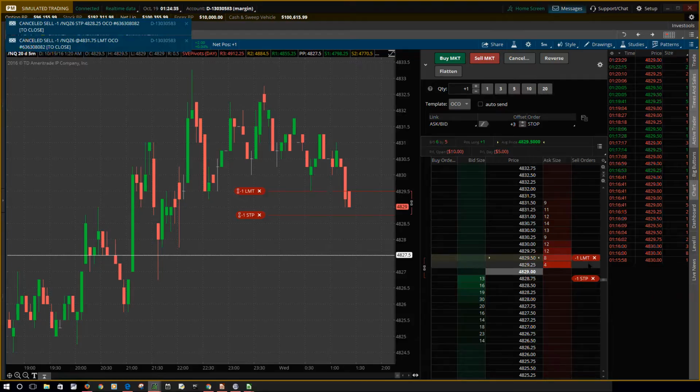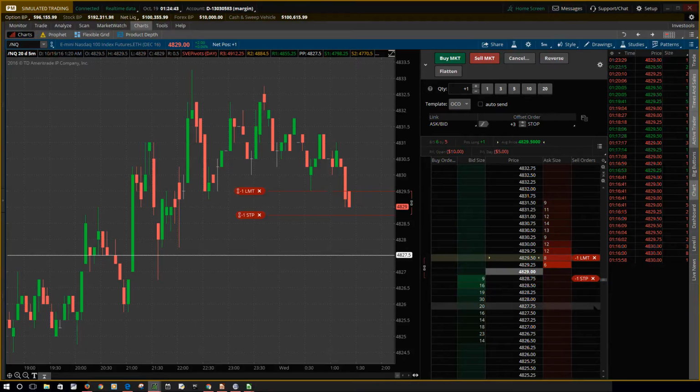That's the thing that I love about this platform. It gives you a nice visual. It's really easy to adjust orders. And when the paper side is working, it works pretty good. So what we did here, we bought one long, and now in order to close that order, you have to have a sell limit order or a sell stop order.